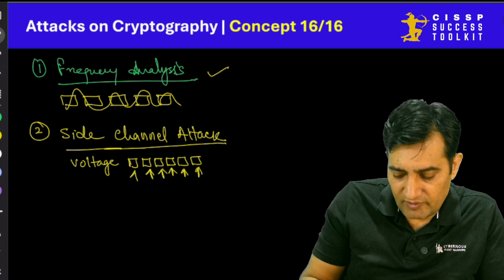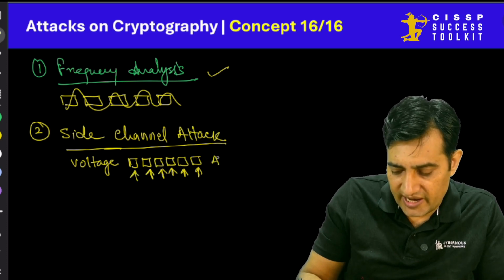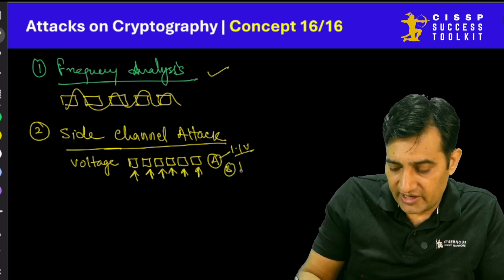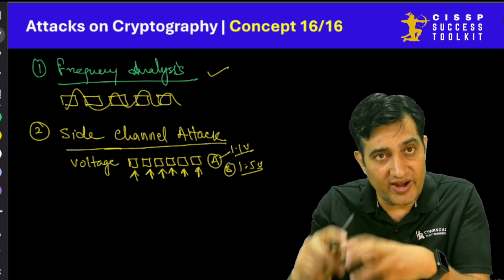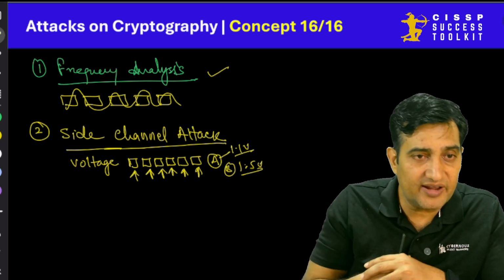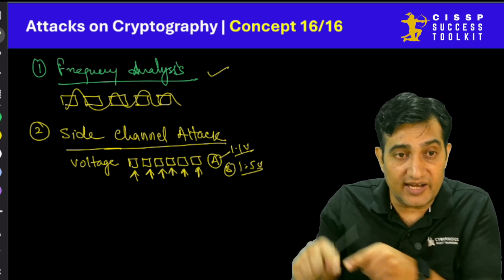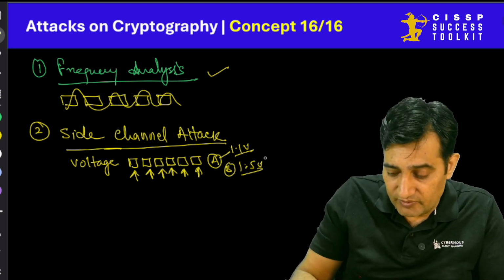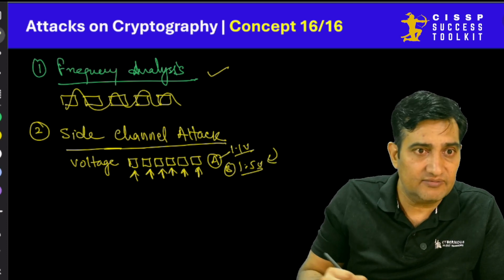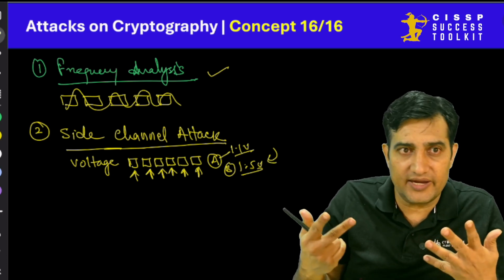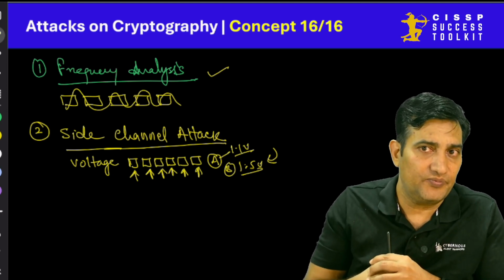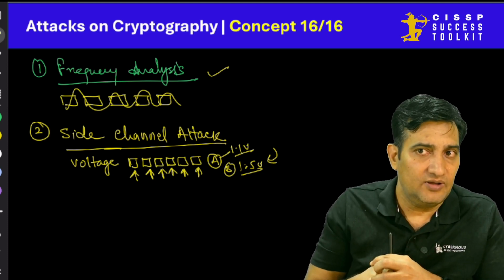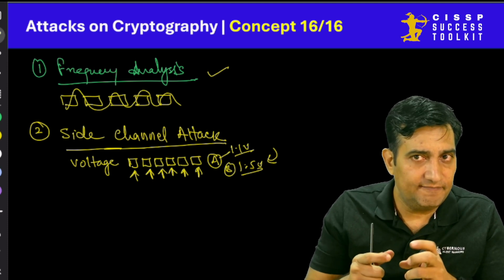When somebody is able to map it, for example, for encrypting A the voltage required is 1.1 volt, for B it is 1.5 volt, and you are able to find the pattern out of it, that means you can break a crypto system. You are not directly breaking it, but you are observing the consumption of electricity, and based on that you can see, yes, this is the key. There are devices which can do that for you. I hope you got that.